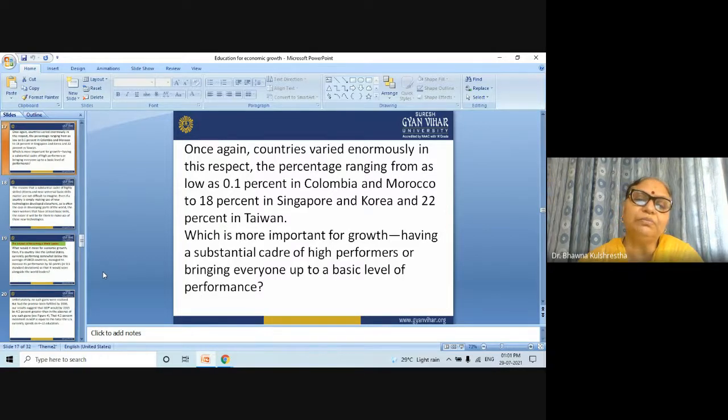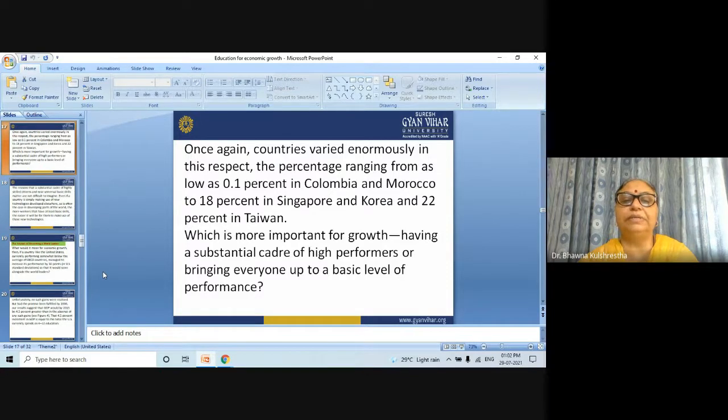And which is more important for growth? Having a substantial cadre of high performers or bringing everyone up to a basic level of performance?